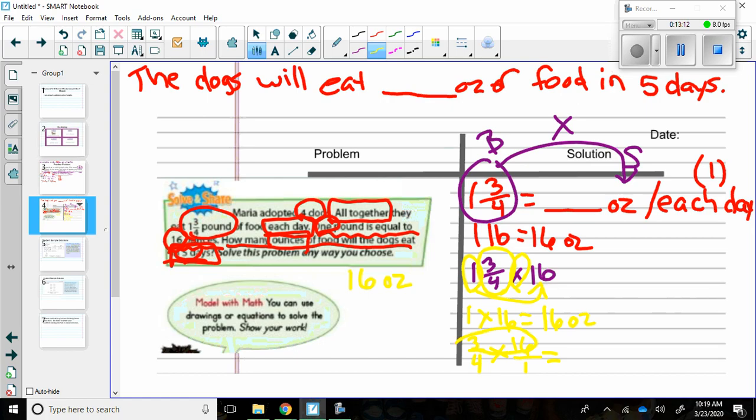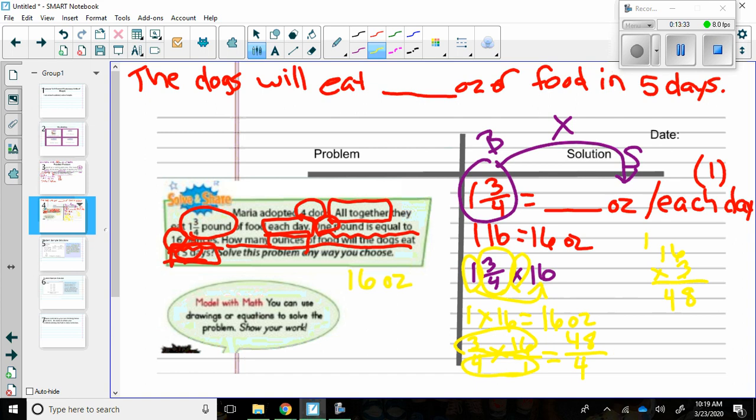So 16 times 3, 6 times 3 is 18. 1 times 3 is 3 plus 1 is 4. It's 48 over 4 times 1 is 4.